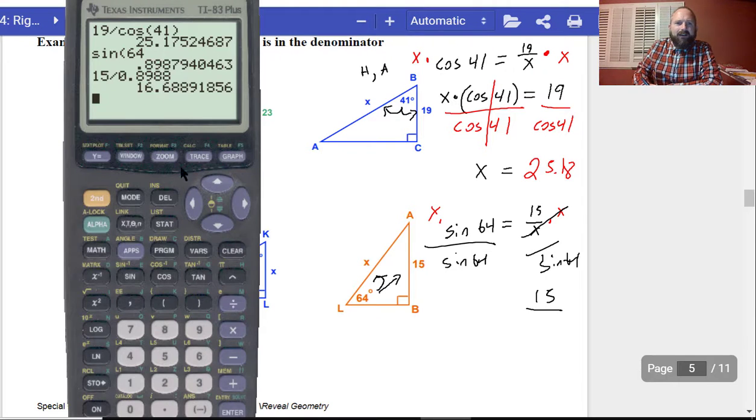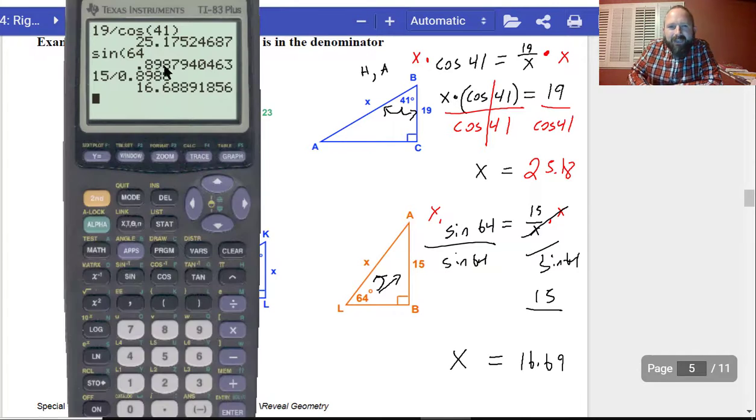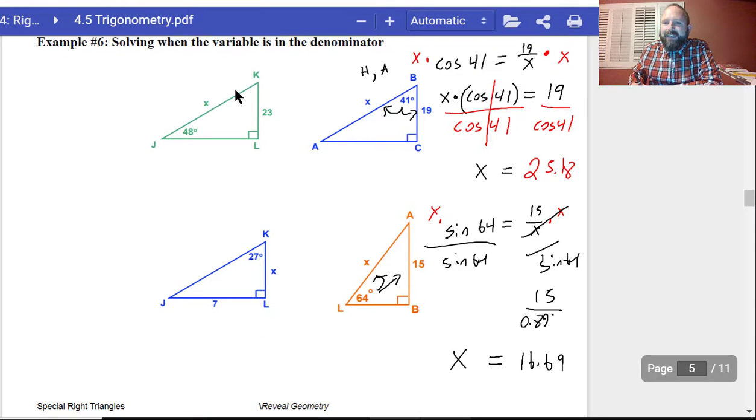So I get 16.69. So 16.69 is equal to x. Well, let's go back and make sure I get 0.8988. 0.8988 is equal to x.